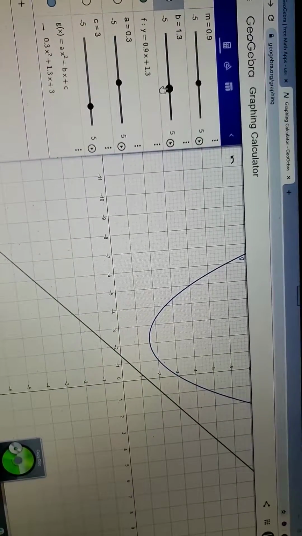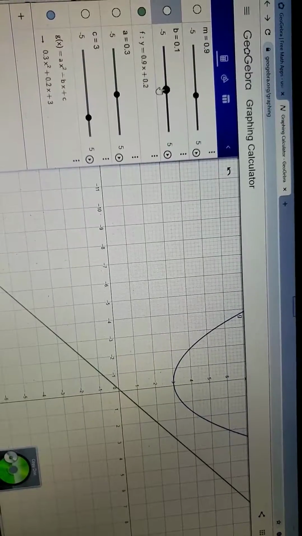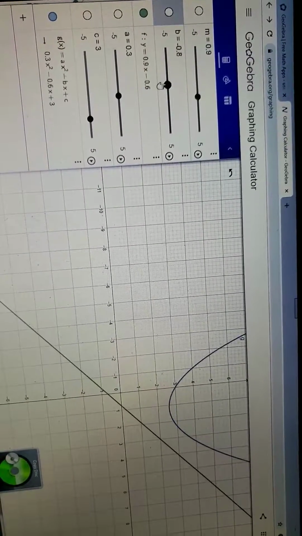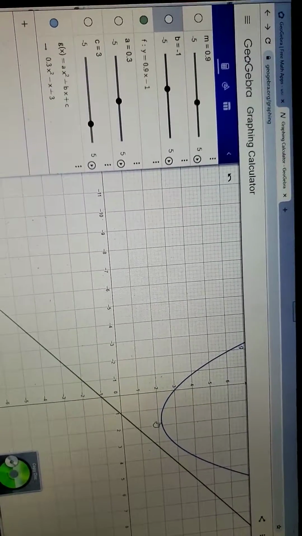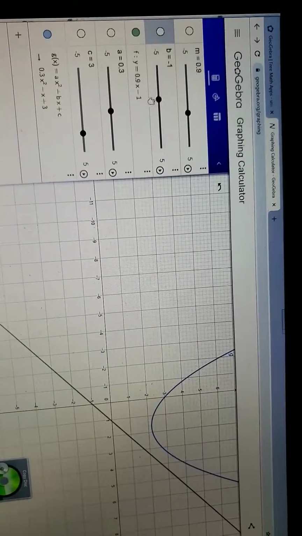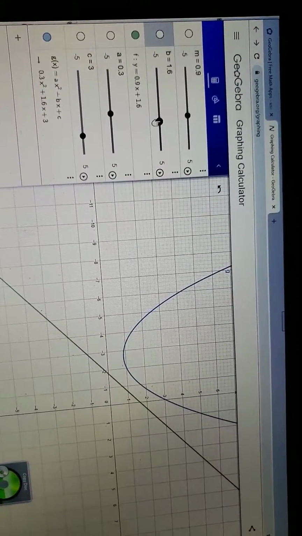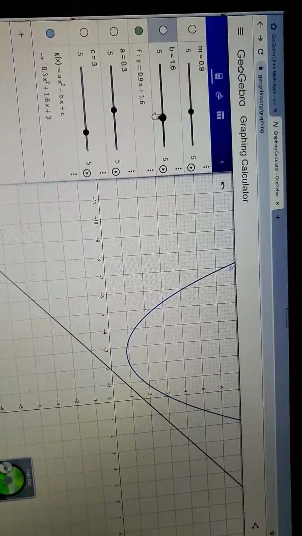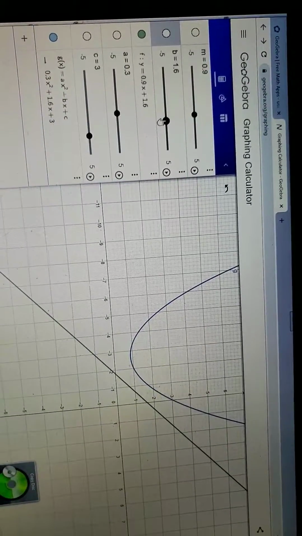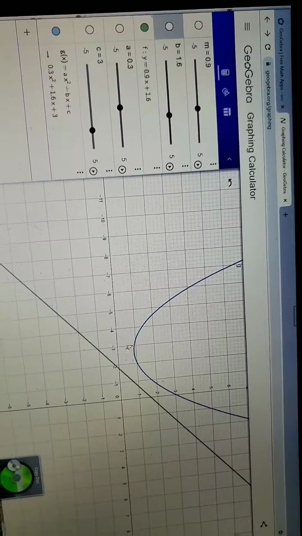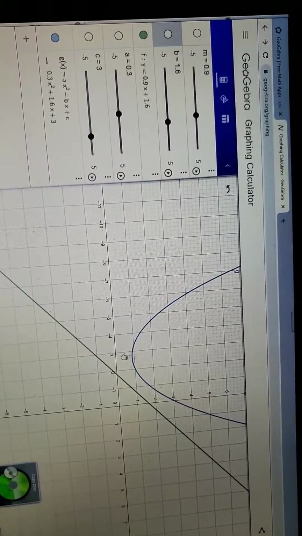So let me have a negative b, then we'll have the vertex right here is going to be positive. So if you have a positive b, we have the vertex in the negative x-axis.